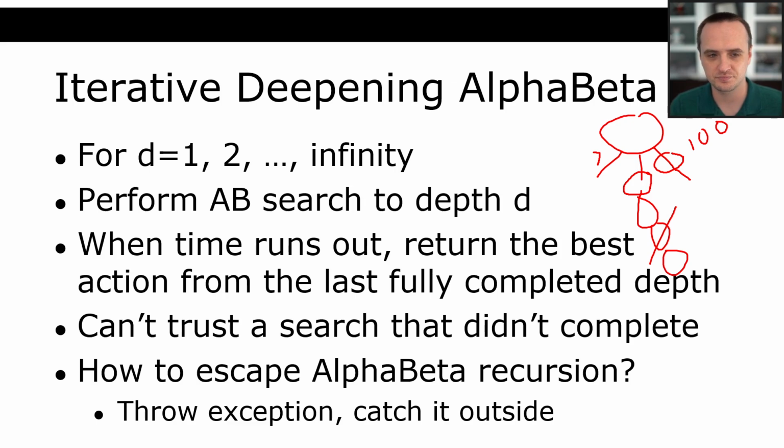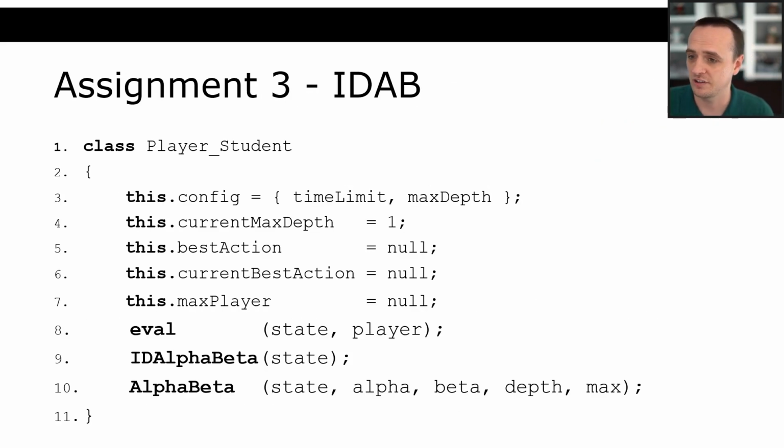It'll be great. So in assignment 3, here's what you're going to do. I have essentially written down a bunch of assignment 3 for you. You are going to have a number of variables here talking about the current max depth that you're searching, the best action, the current best action, the max player, etc. And you are going to have a function, which is eval.